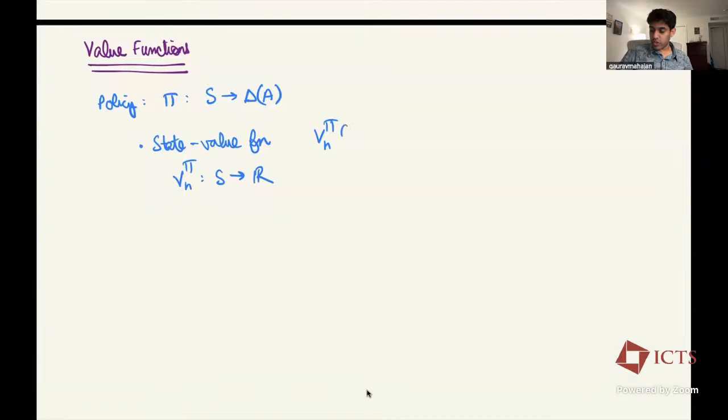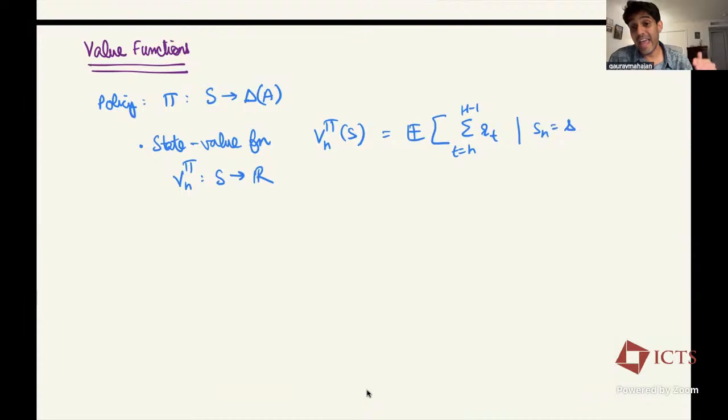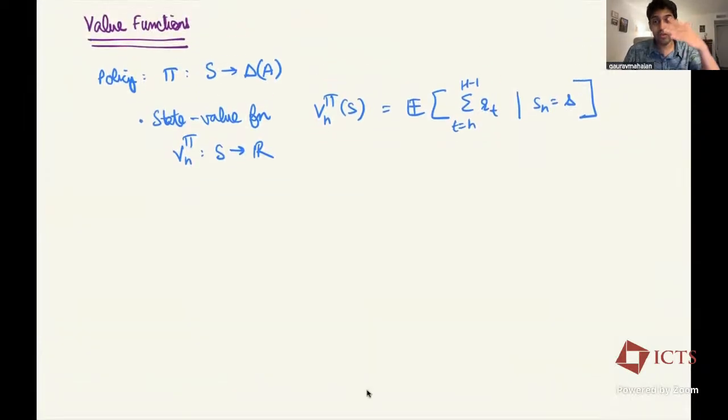The function is defined as the expected value of the sum of rewards, where you assume that you start from S at time H. More pictorially, you do some process and then your H-th level state is S.